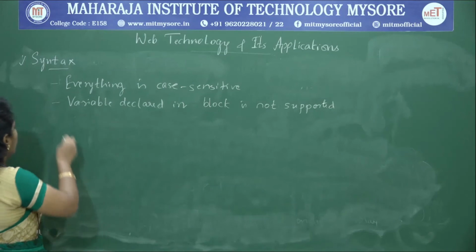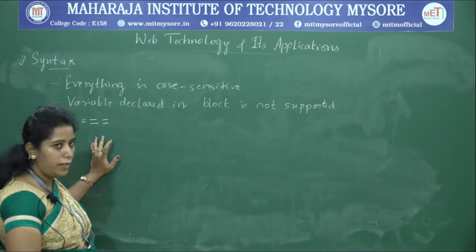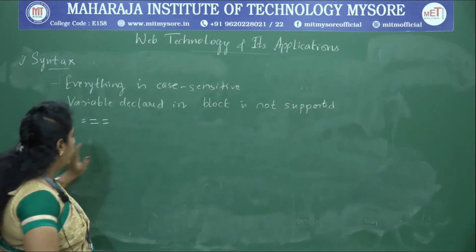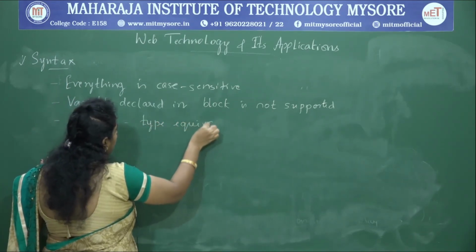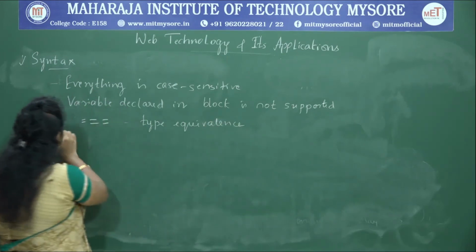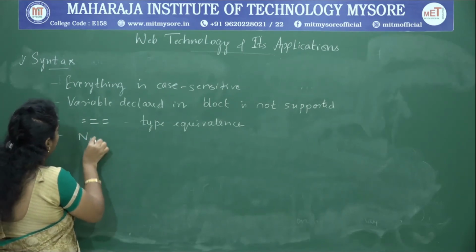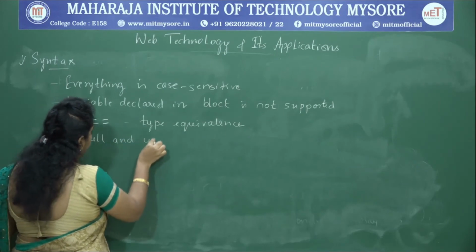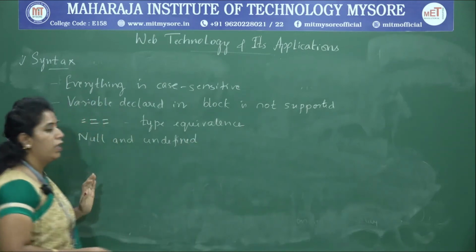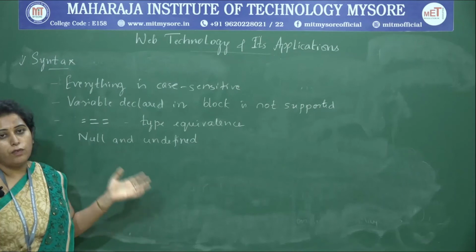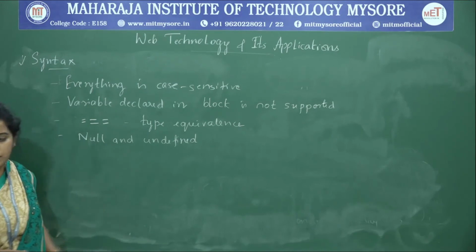Next is, there is an operator like this, which is not only for checking equality, it is also used for finding type equivalence. Next, there are two values, null and undefined, which are two distinct states for a variable.